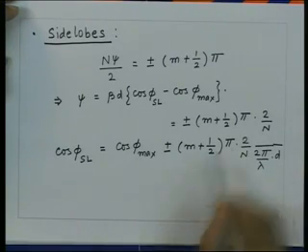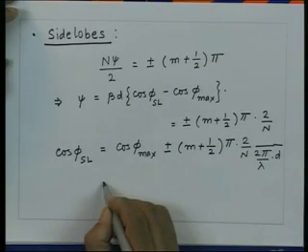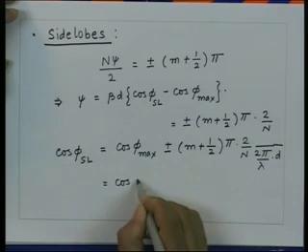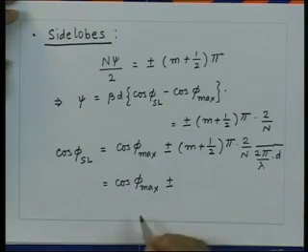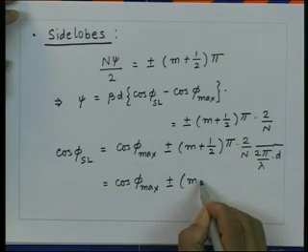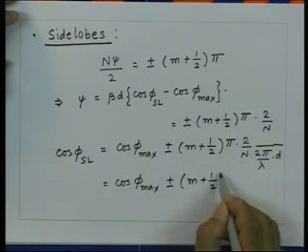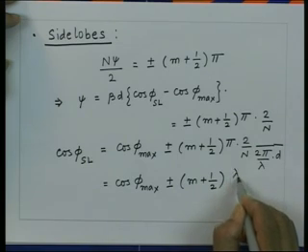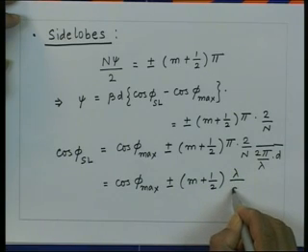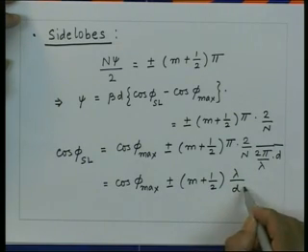So, 2 pi would cancel, and we get from here cosine of phi max plus minus (m plus 1 upon 2) into lambda upon d into n.